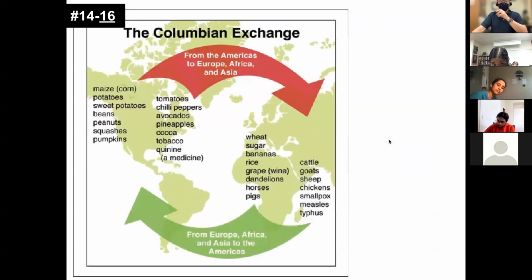And of course, the other big transoceanic pattern is the Columbian Exchange. You don't have to know all these individual products. It's kind of redundant. A couple that matter, the potato from the new world to the old. What it's going to do to the old world is it's going to drastically make population skyrocket.